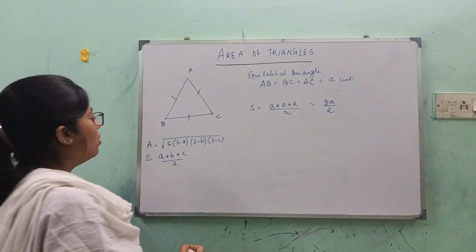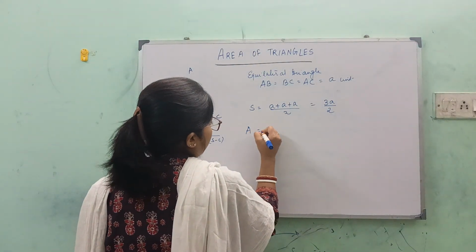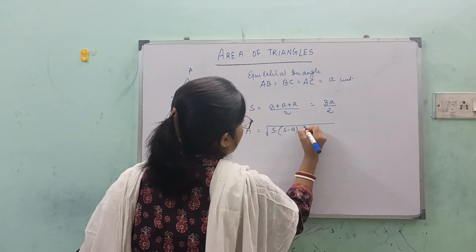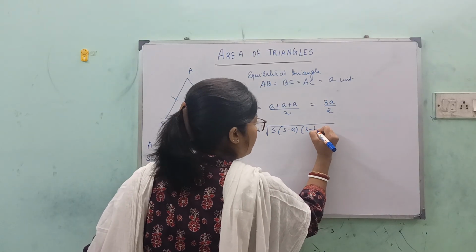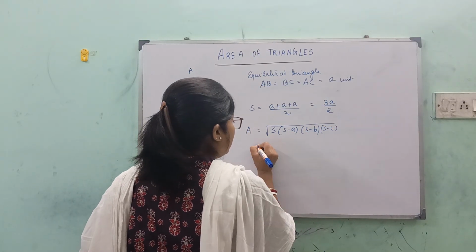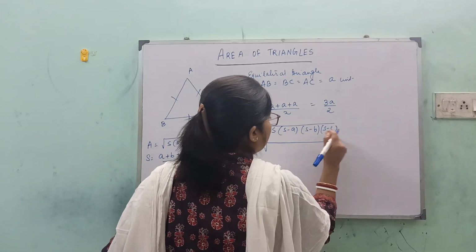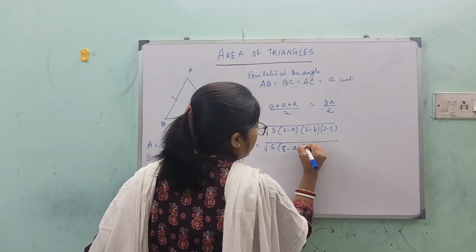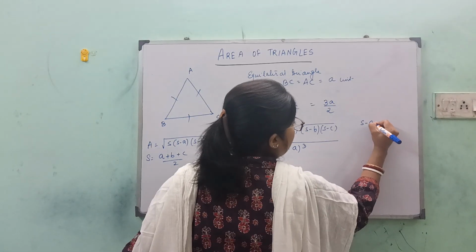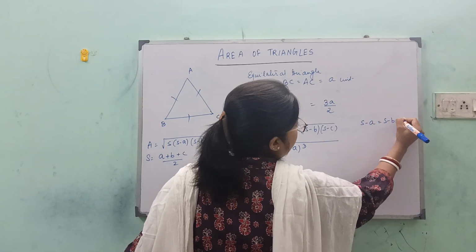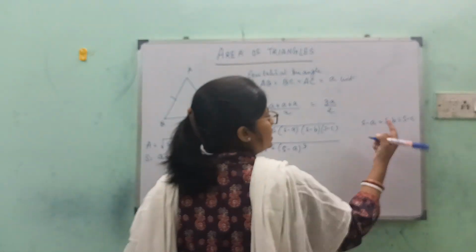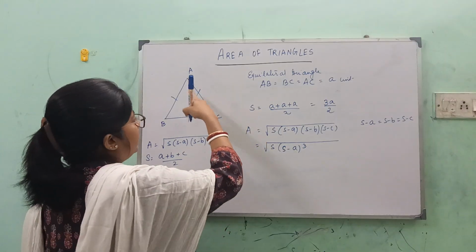Now coming to the formula for area, that is square root of S into S minus A, S minus B, S minus C. In your case, all three are the same. So S into S minus A whole cube, because here S minus A, S minus B and S minus C are all the same thing, because everywhere A, B and C are the same, because it's an equilateral triangle.